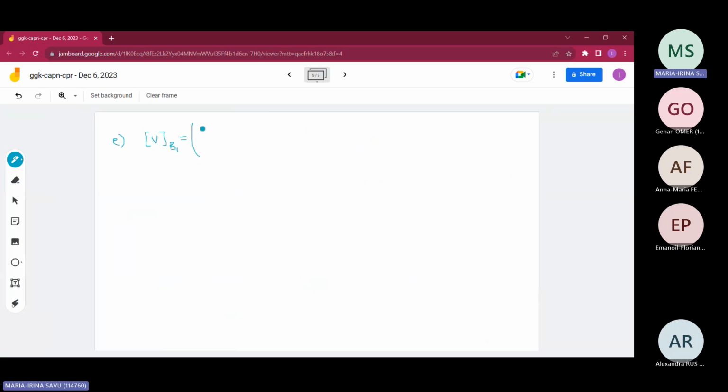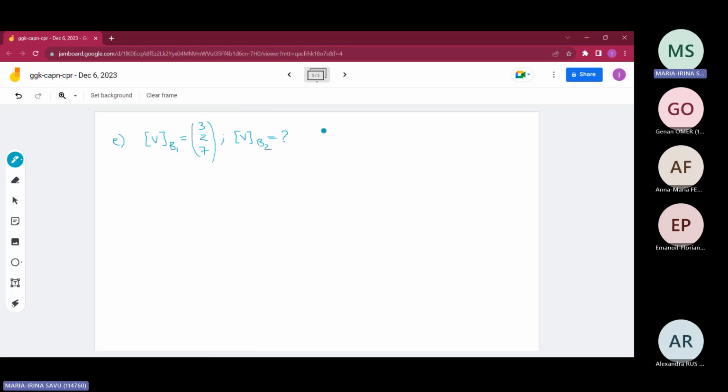I'm going to write it this way, 3, 2, 7, as a column, and I'm going to write the vector using y. And I have to find the coordinates of v with respect to b2.